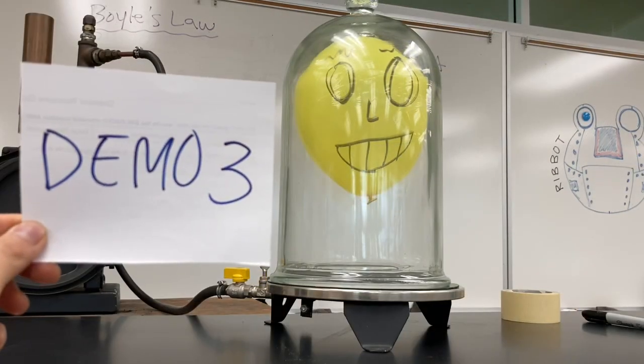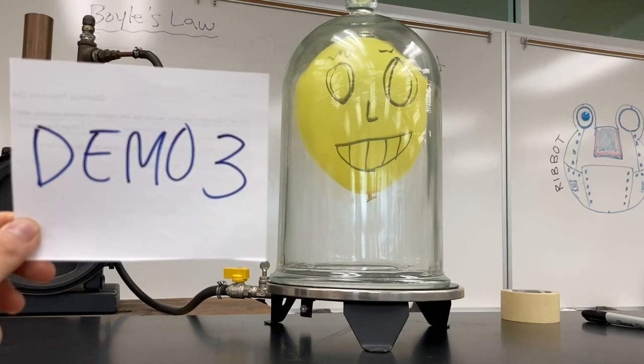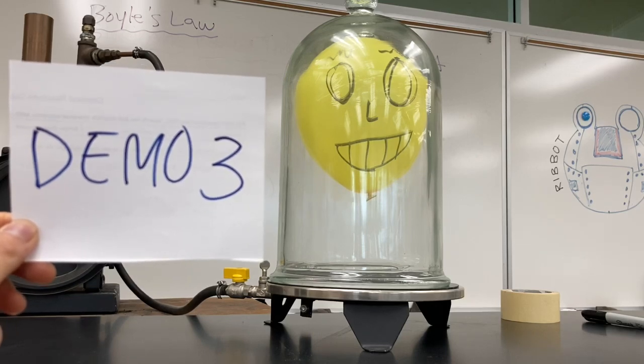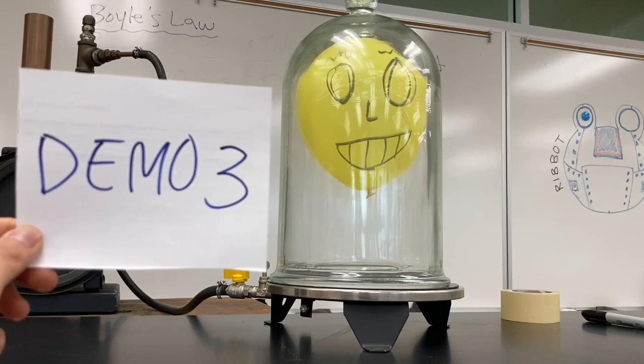All right, in the third demo here, I'm gonna do the opposite. I'm gonna actually let air back into the vacuum chamber to see what happens to the balloon. So here, we're actually increasing the pressure inside of the chamber.